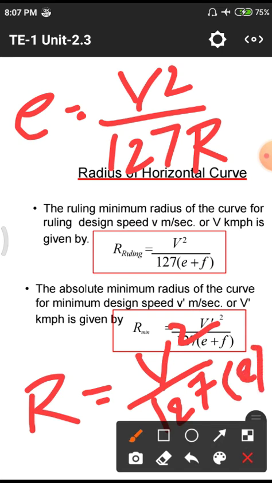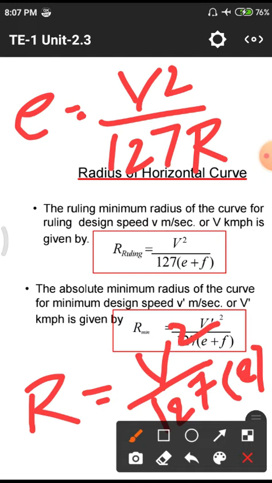Because the E value is moved from the left-hand side to the right-hand side, so that the radius of the horizontal curve changes. In the entire second chapter we have to use this formula for calculating velocity, design of radius of the curve, design of super elevation, and design of friction.